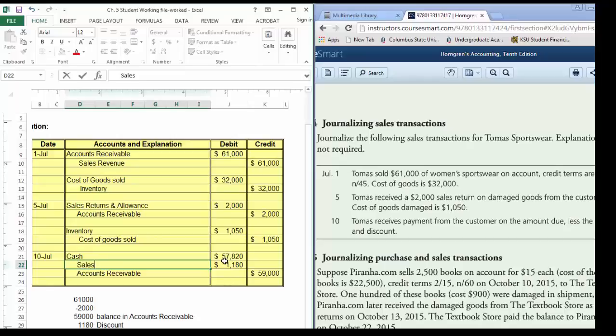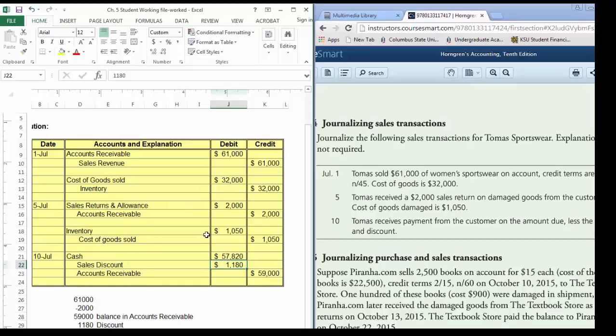We want to keep up with our sales discounts and our returns and allowances separately because this can give us an indicator of the health of the company. So if we have a lot of sales returns and allowances for a period, or it's drastically increasing, that could indicate a problem with the quality of our products, the design, or something that we need to check to make sure we improve on, or if we're giving too many discounts.